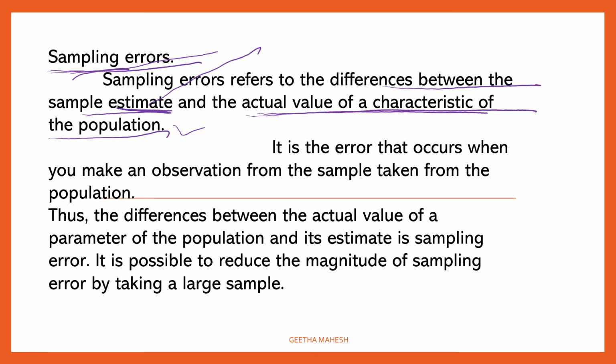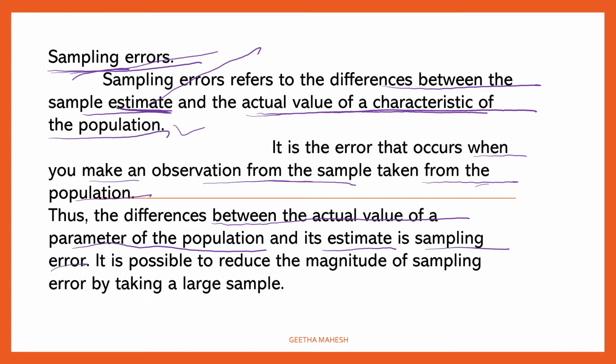It is an error that occurs when you take an observation from a sample that is taken from the population. Thus, the difference between the actual value of a parameter of the population and its estimate is a sampling error.